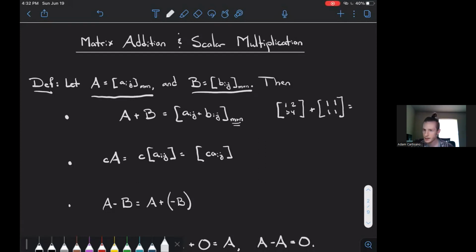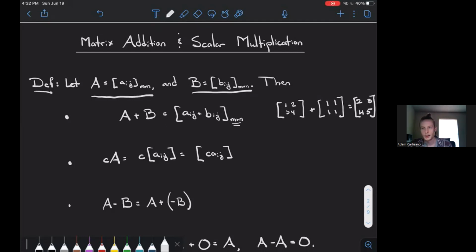What we're saying is that the ij entry, the entry in row i and column j, is the sum of that entry in A and that entry in B. So the first one will be 1 plus 1, 2. And then 3, and then 4, and then 5.